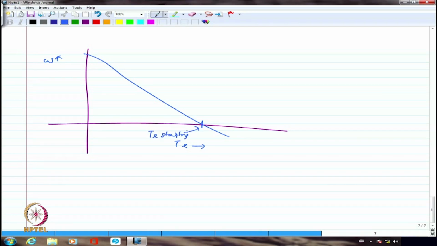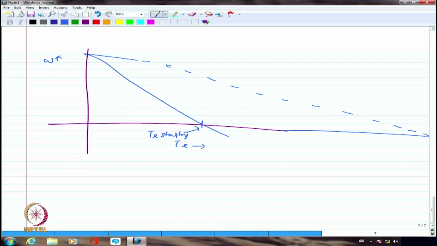If I don't include any external resistance, I have to just extend it further and further. It might intersect somewhere here, maybe beyond the board. Please imagine if I had not included any external resistance, this is really going to give me a huge value of armature current, a huge value of torque.